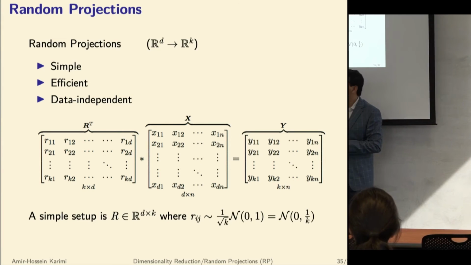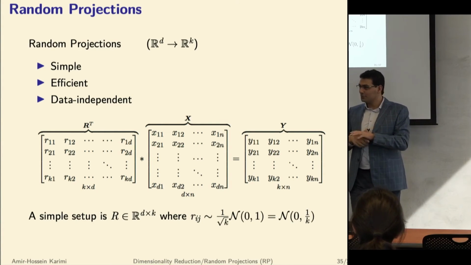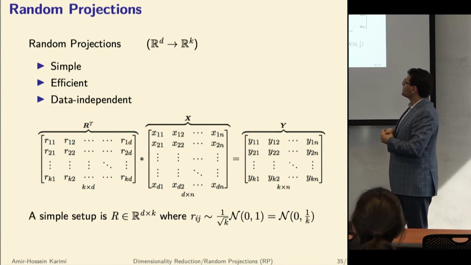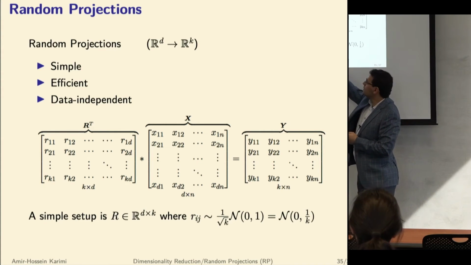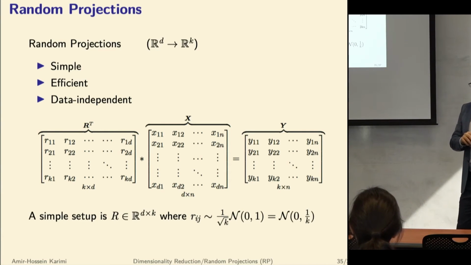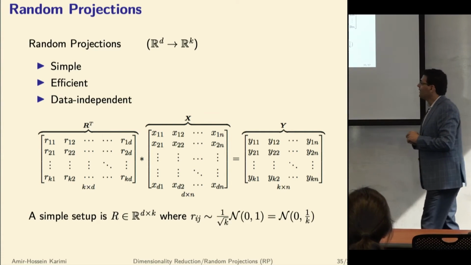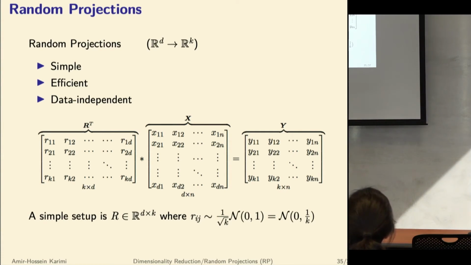But there are clever ways of constructing this matrix, I'm not calling it U anymore, some R, corresponding to random projections, such that if each of the coefficients within R are sampled from a Gaussian distribution, so completely independently at random, then that also gives us a somewhat good embedding.